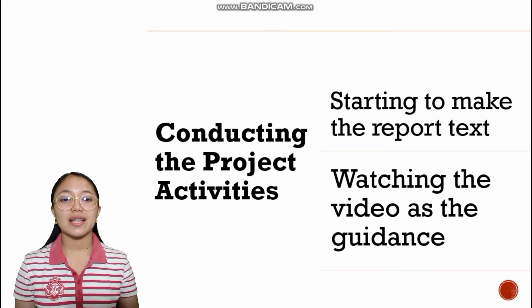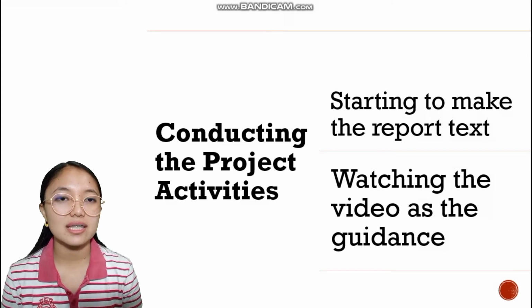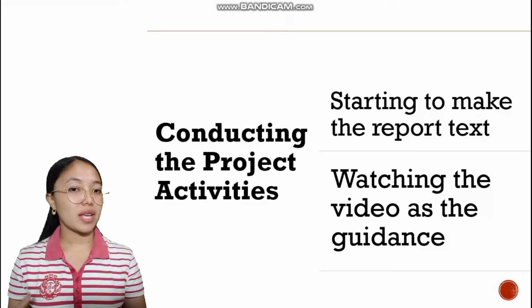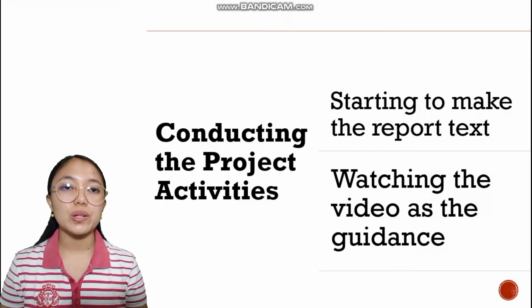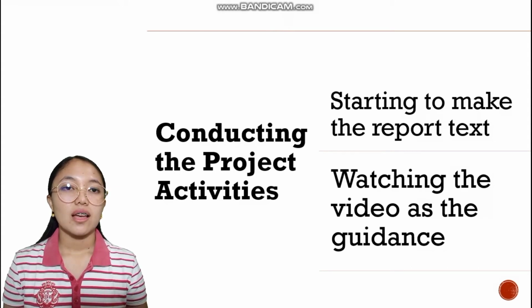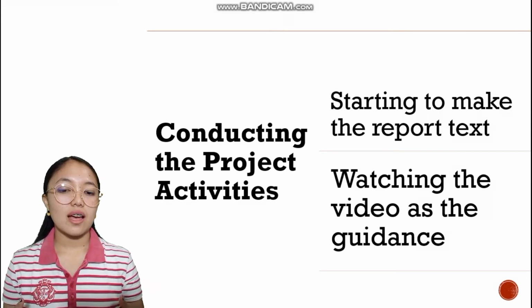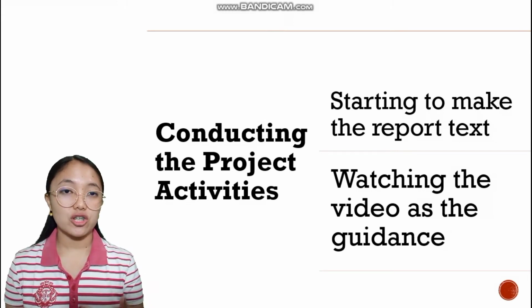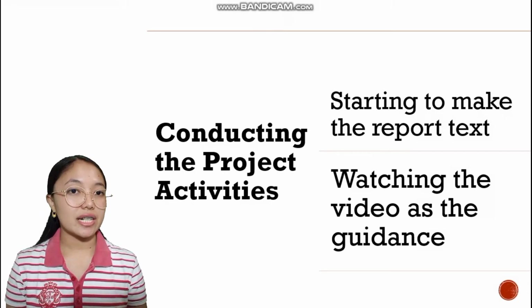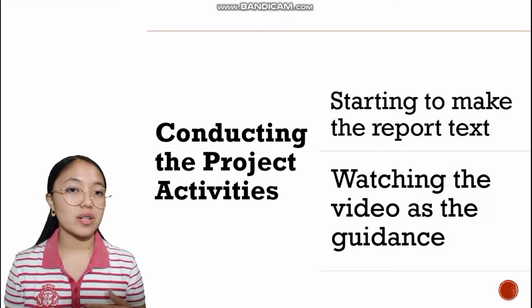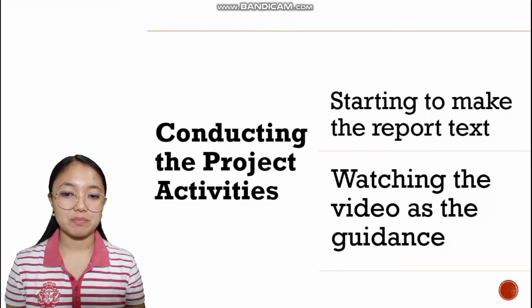The first is starting to make the report text. During you are making a report text, you can watch the video as your guidance, but I will show you the video so you can easier to make report text because I will give you guidance.